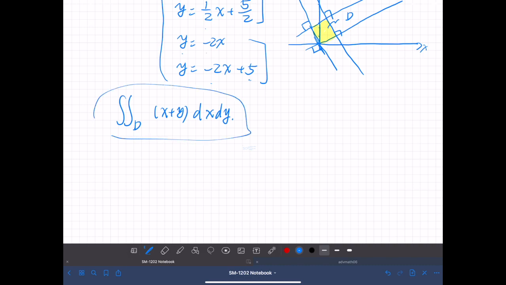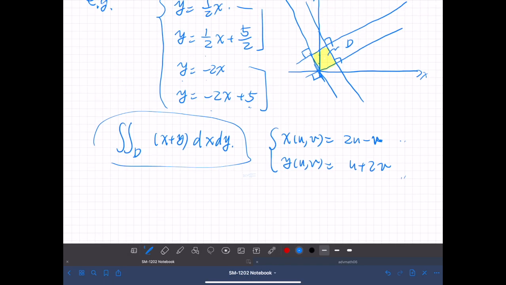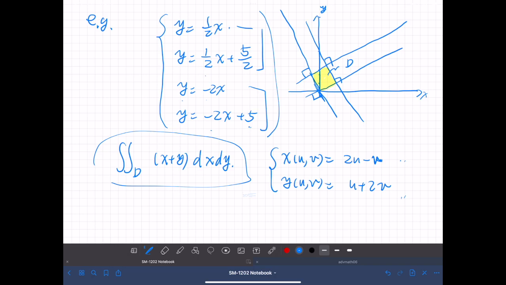But here we try a change of variables. So let's define x(u,v) as 2u minus v, and y(u,v) as u plus 2v. So how do we come up with this change of variables? That's an interesting question, and you should think about it.